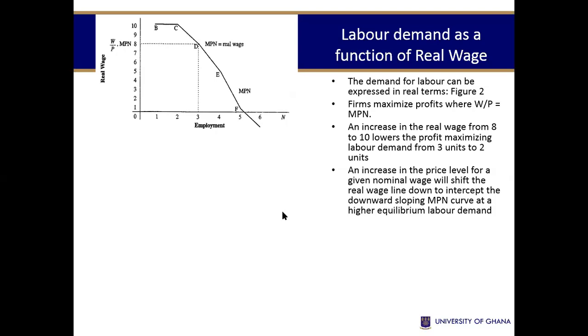So whenever there's an increase in price, there's going to be a reduction in real wage, and then your units of labor hired is going to increase. I hope that's okay.